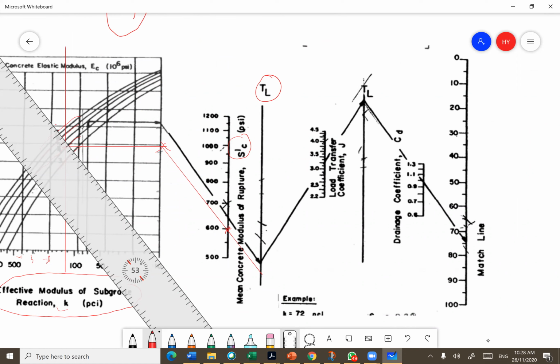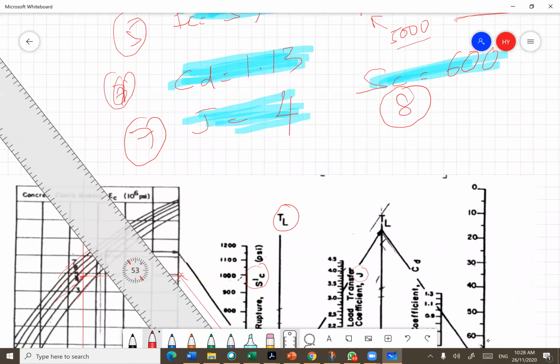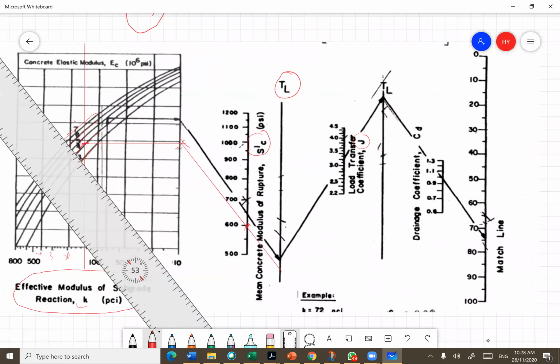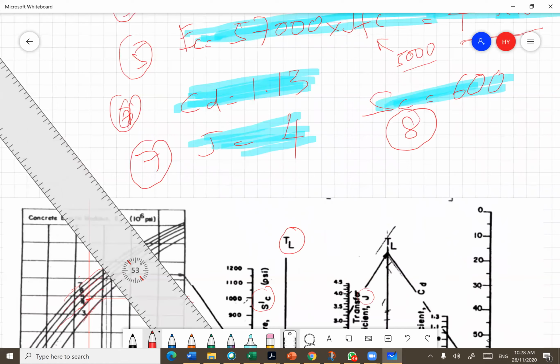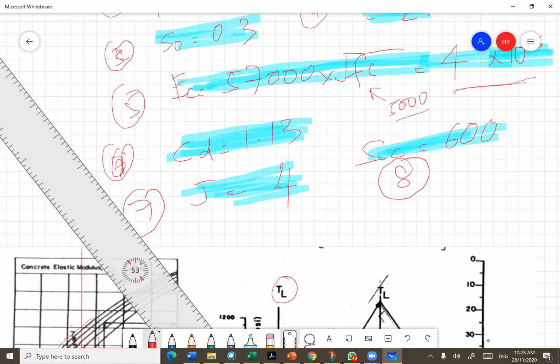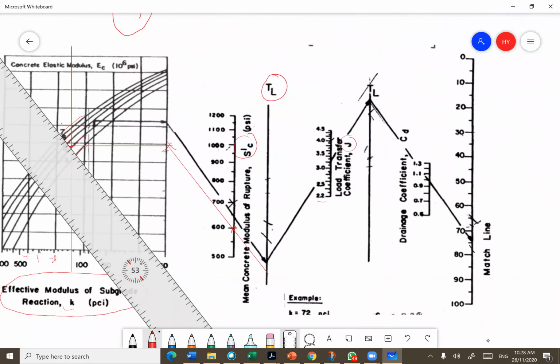So once you stop at the turning line, the next checkpoint is the load transfer coefficient, which is the J value. Right, so J value is 4. So you have here 2.2, 2.3, 2.5, 3, 3.5, 4, 4.5.